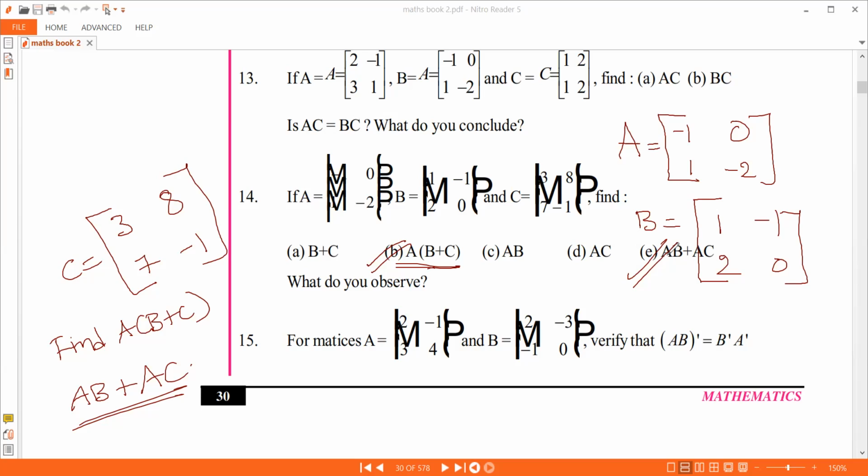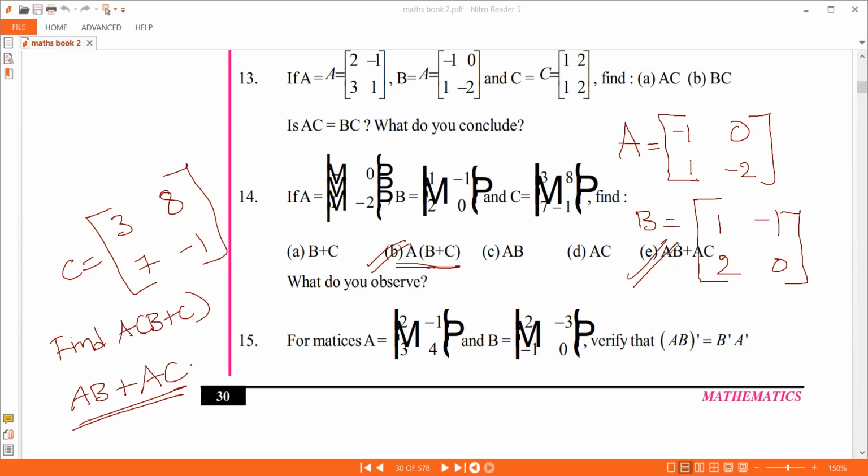A is minus 1, 0, minus 1, 0, and 1 and minus 2. B is 1 and minus 2, 1, 2, minus 1, 0. And C is 3, 3, 3.